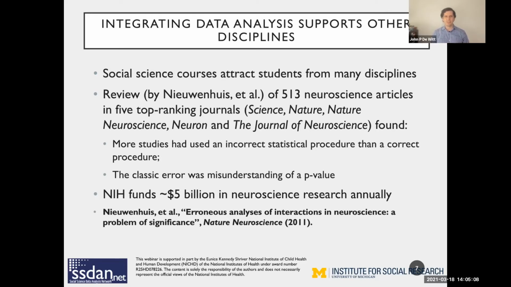And to understand that NIH typically funds over $5 billion of research each year, a lot of the research being produced from neuroscience ends up not using those tests and not interpreting their data correctly. It's just kind of an alarming thing. And so we see this as an opportunity to get students working with quantitative data, not only in the social sciences, but throughout.